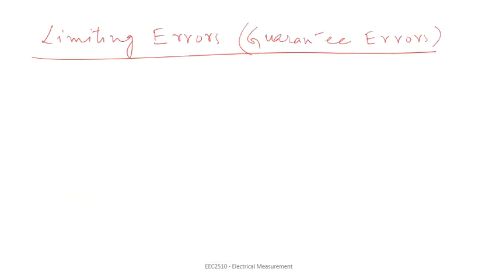Now you come back to this topic of limiting error. I was discussing that the economical production of any instrument requires the proper choice of the design, the skill, and the material.